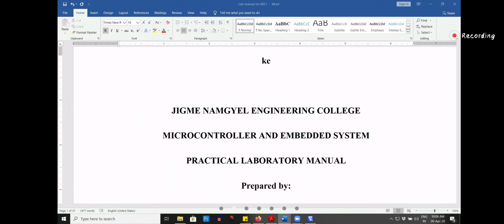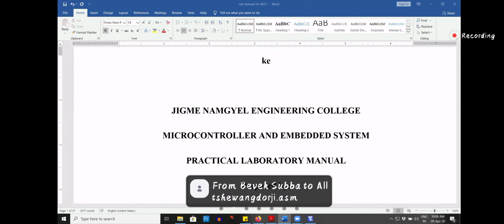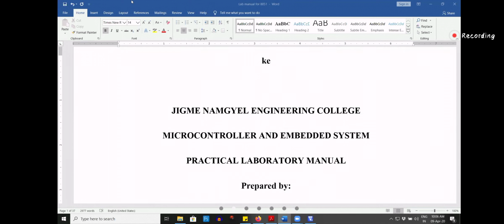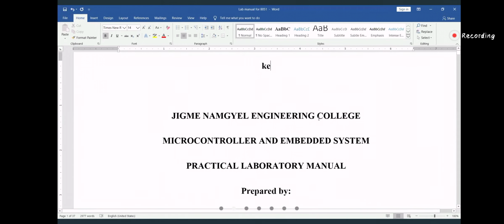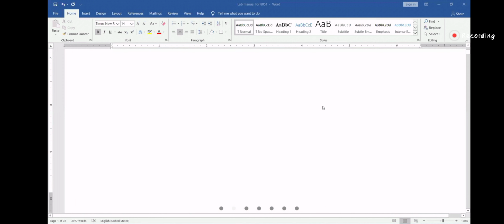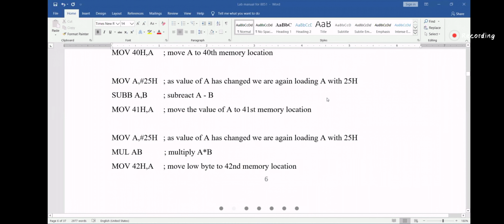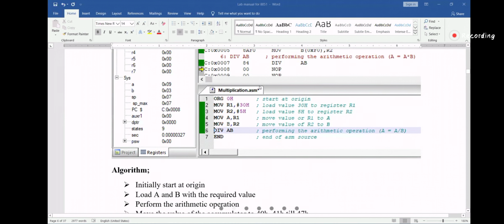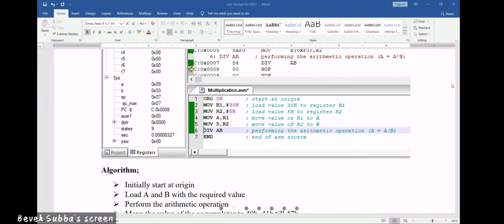For Chewang Doji, write Doji.asm, something like that, because there are two Chewangs, right? Otherwise I'll get confused. Something like multiplication.asm, so I will know that it is your work. If it is somebody else's work, then what's the use? You're just copying. If it is your work, I will know.